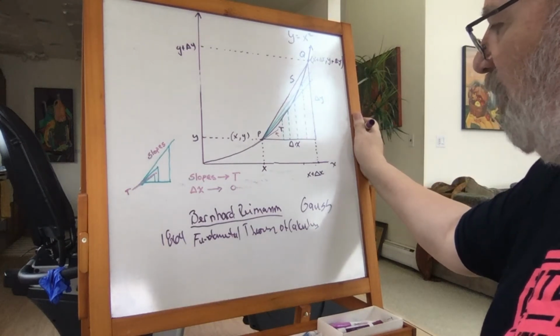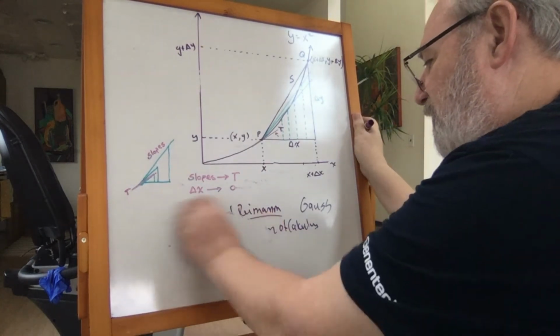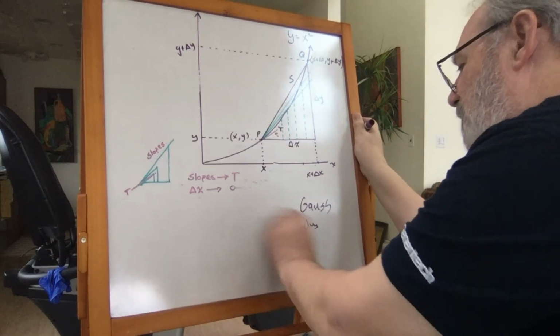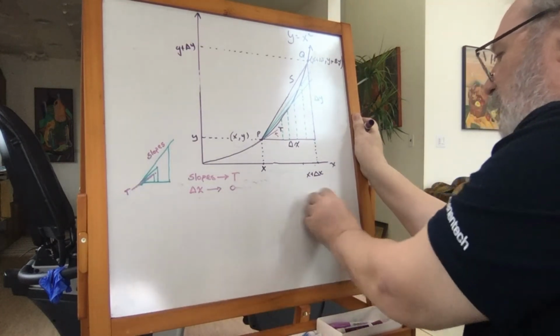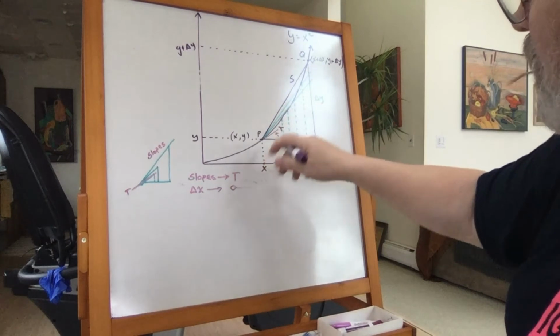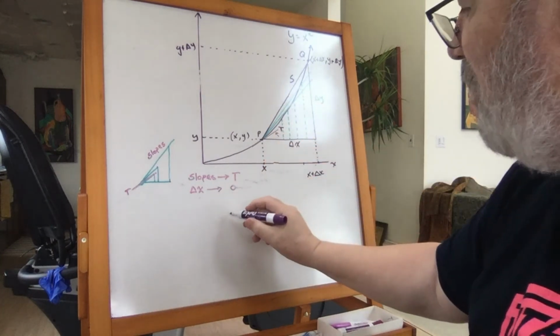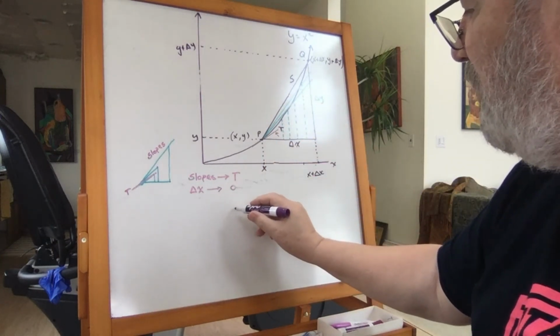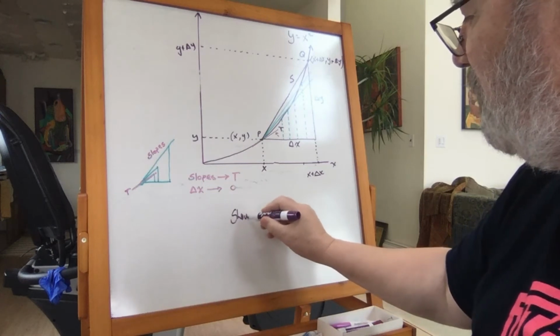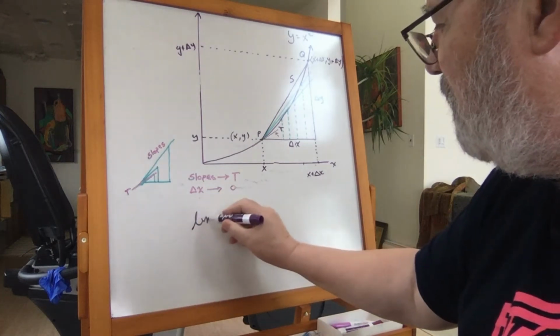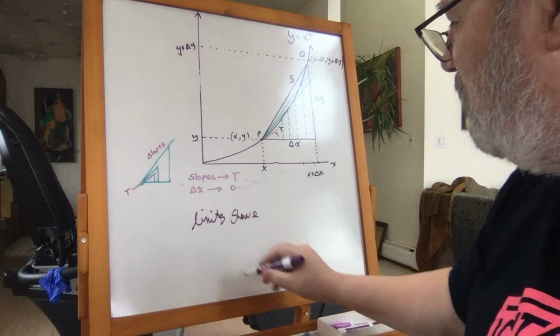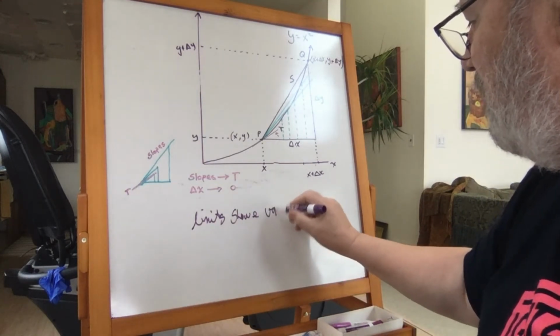Riemann used limits to prove, much in the way that we are now, to show the validity.